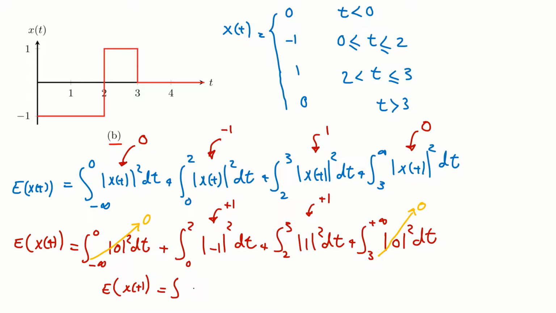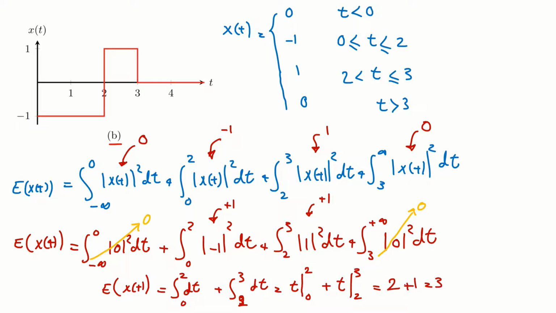So it is from 0 to 2 dt plus integration of 2 to 3 dt. Well, we know the integration of dt is t. So we should calculate that in this interval from 0 to 2. And for the second one, the interval is 2 to 3, which is 2 plus 1, which is 3.